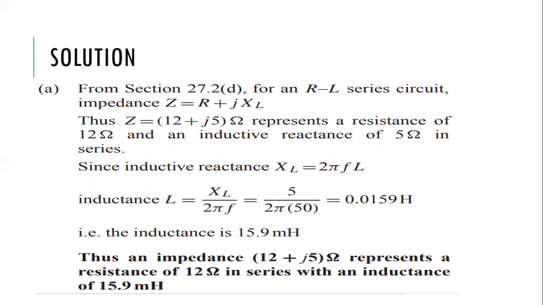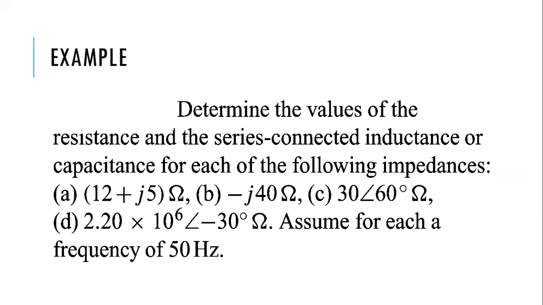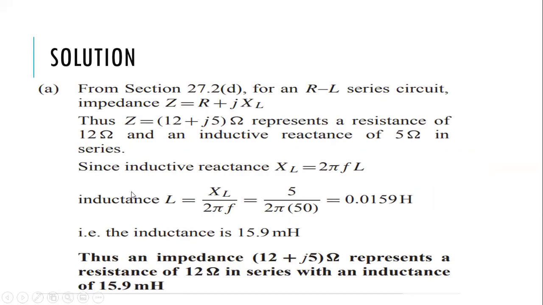First thing is that in the previous slides, we have been able to establish that for an inductive circuit, Z is equal to R plus jXL. So for part A, Z is equal to 12 plus j5.